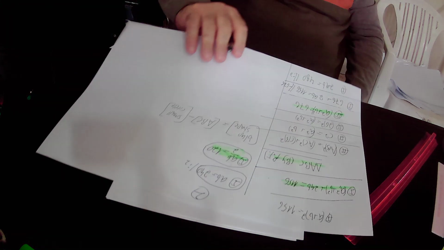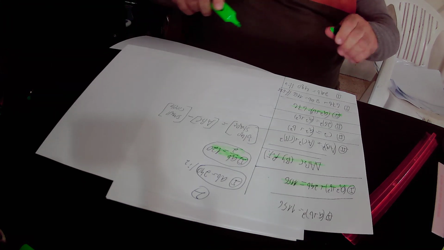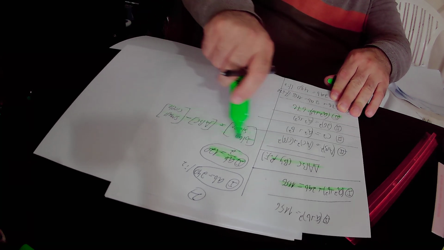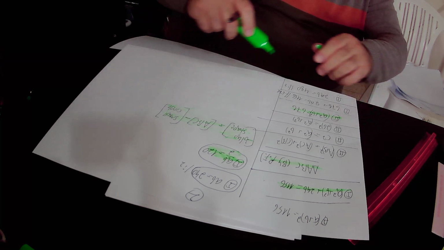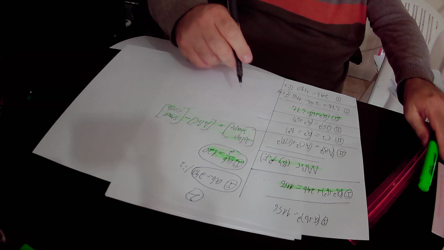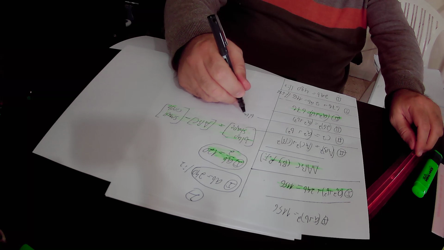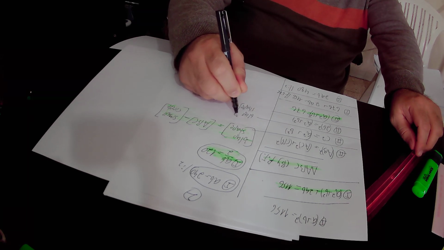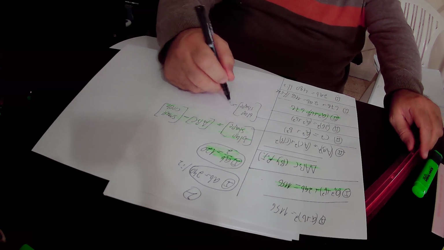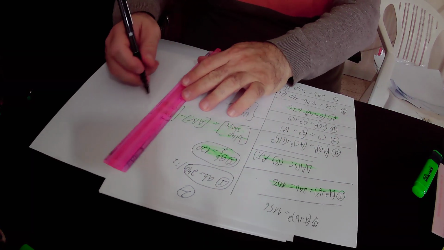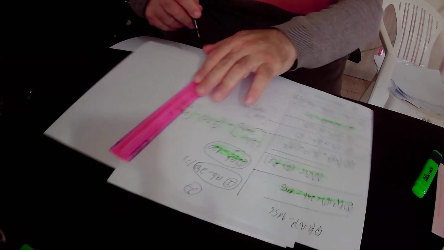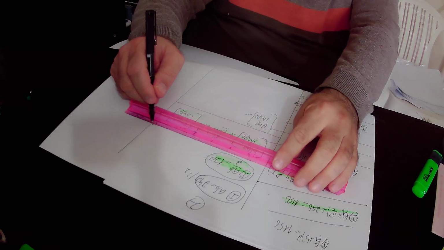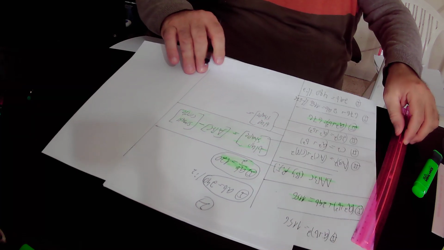I'll repeat again. The area of the blue shape equals the area of triangle ABC minus the area of the small circle.